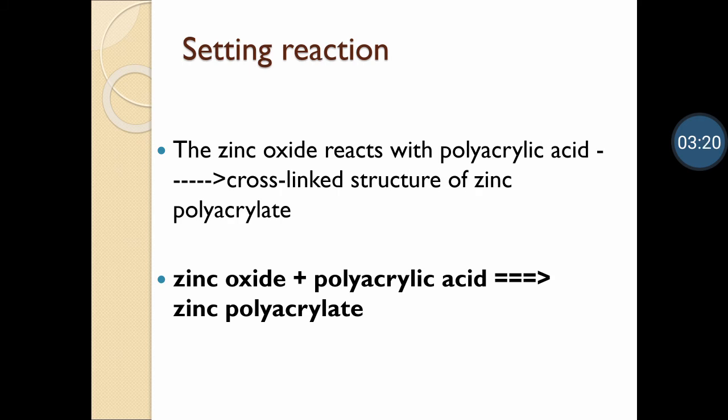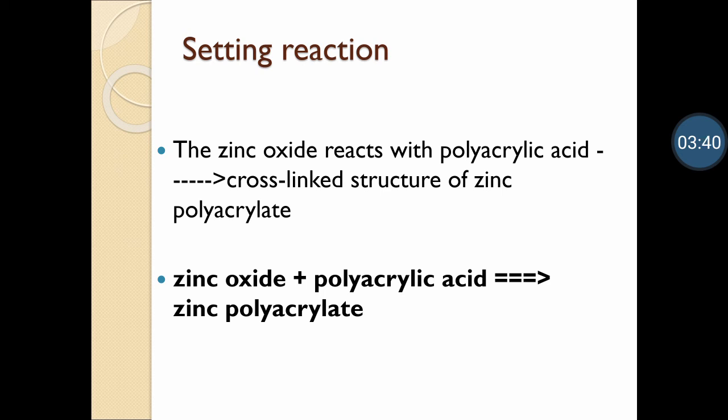Moving on to the setting reaction, what exactly happens when this powder and liquid are mixed? Usually it is a chelation reaction that occurs between the powder and liquid, which forms a two-phase mass. One is the interrupted phase, which contains unreacted particles of the powder.